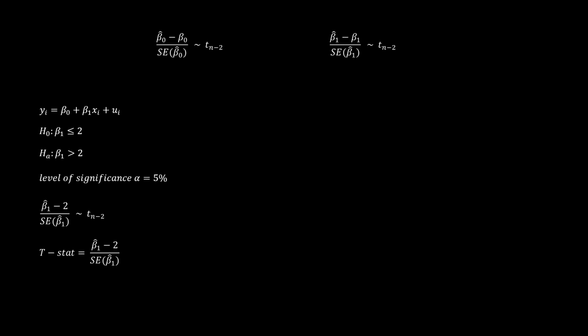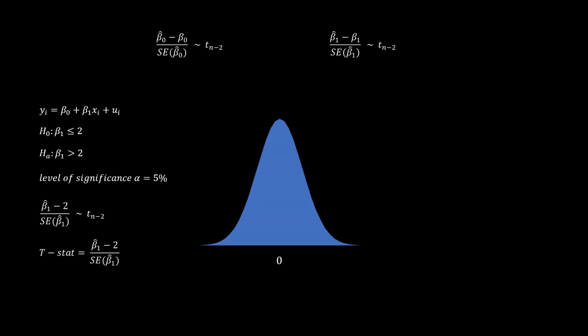As per the null, beta 1 is less than or equal to 2. So if the sample gives us a value that is ridiculously larger than 2, then we will reject the null. That means our zone of rejection would be on the right-hand side. And we would assign the whole 5% probability on the right-hand side.